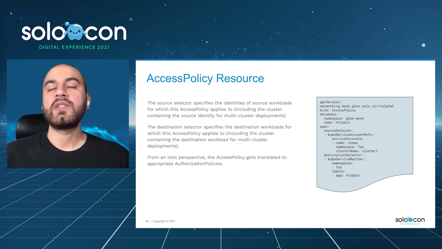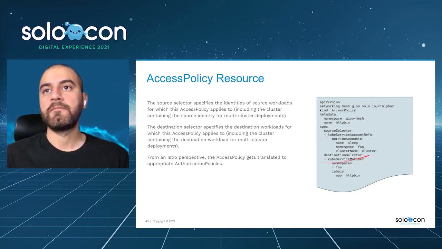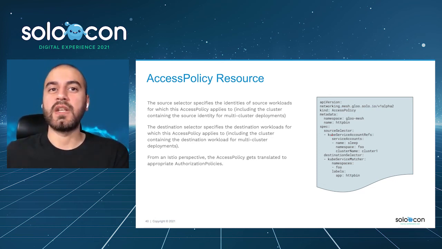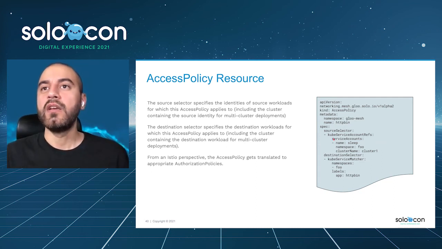So this is what the access policy resource looks like. And again, you're talking about sources and destinations, right? It does get translated back to authorization policies in Istio, but this is a higher level view of that. In this case, we have a source selector, and our source selector is a service account reference, and that service account is the sleep service account that's in the foo namespace.